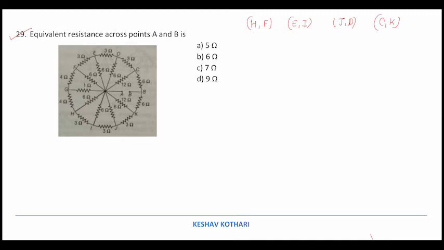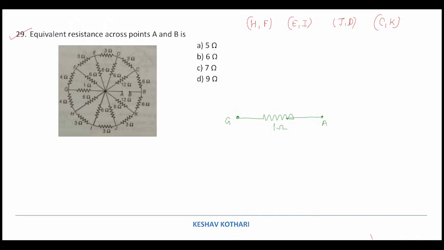When these nodes are equipotential, I can redraw this circuit in such a way that we begin this way, that between A and G we have a resistance of 1 ohm.